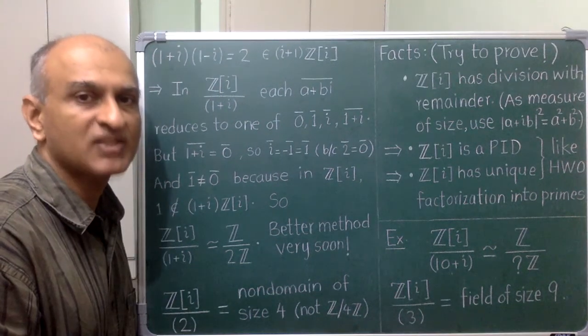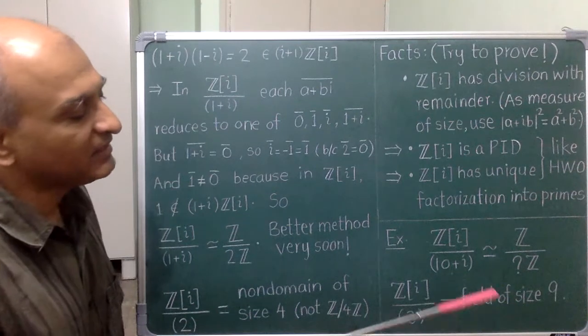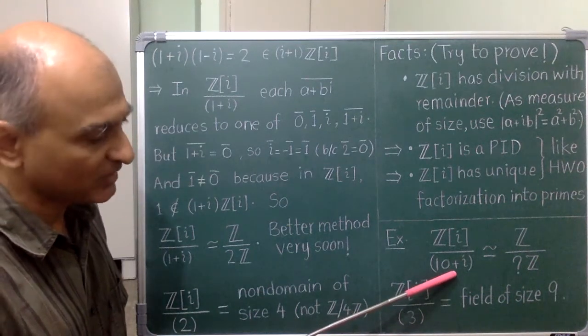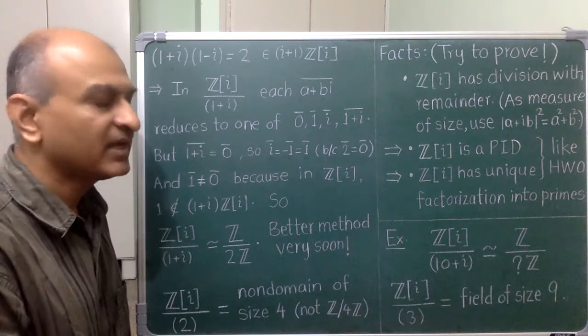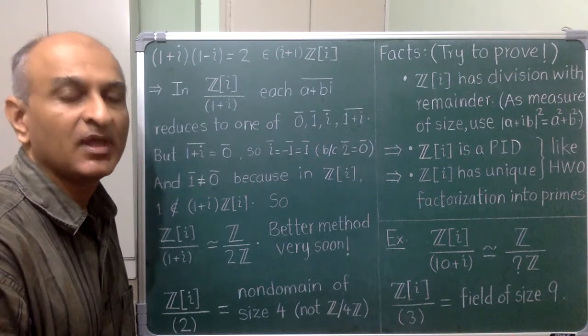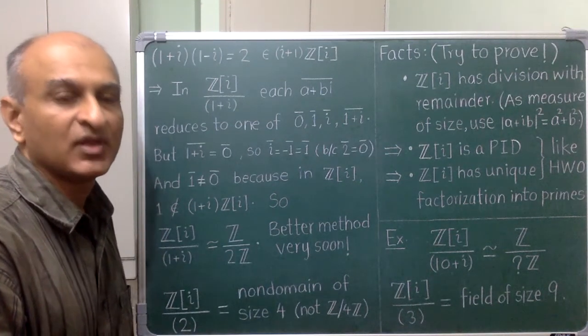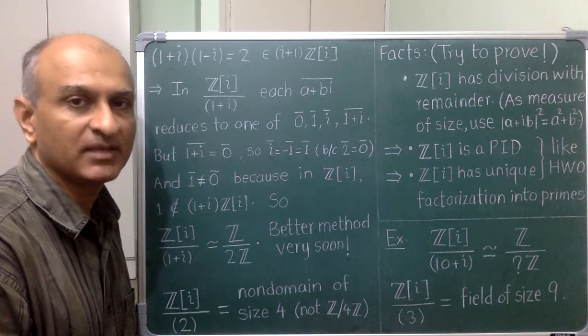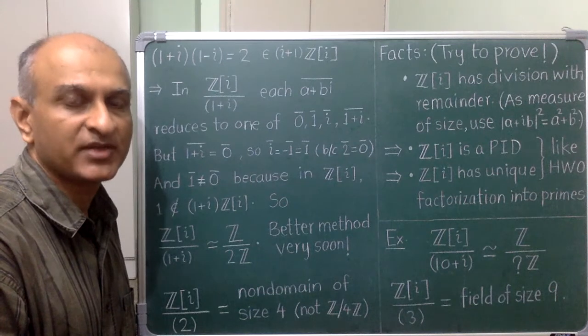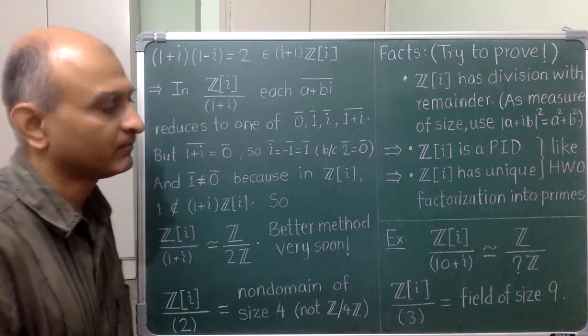I can also ask what happens when I take an ideal generated by more than one element and go modulo that. In general, I get very complicated rings, but also very interesting. For example, quotients of polynomial rings in several variables are important in algebraic geometry and studied a lot in commutative algebra.